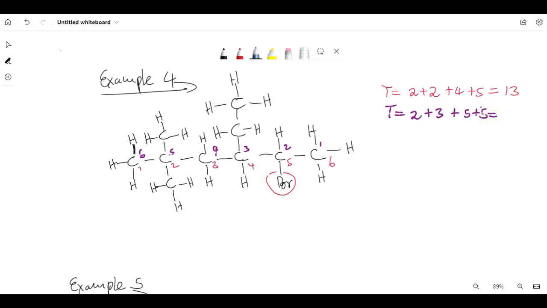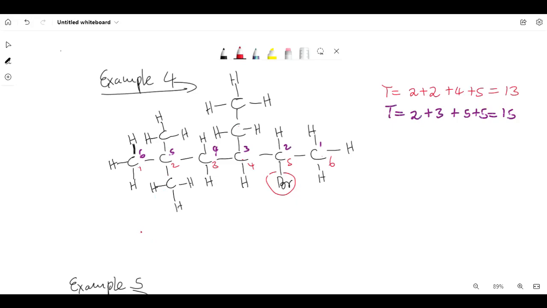Now let's check here. I have 10 plus 5, 15. So it means now the methyl groups, these two methyls, are preferred over this one bromine. So we're gonna take the red one as our correct name.